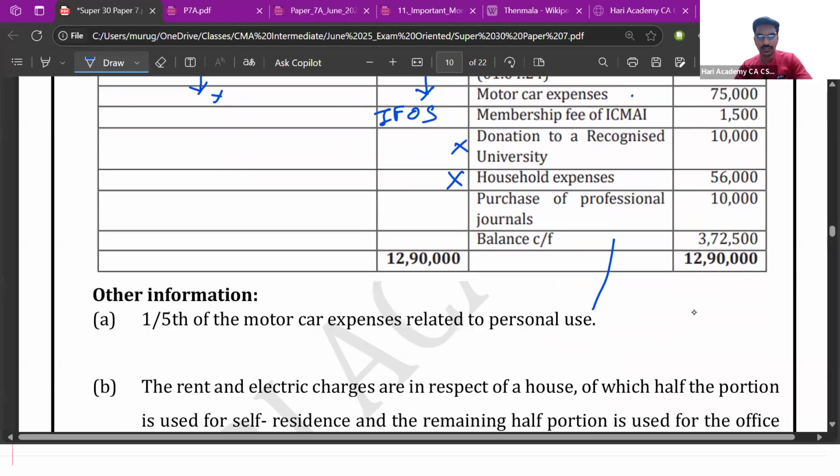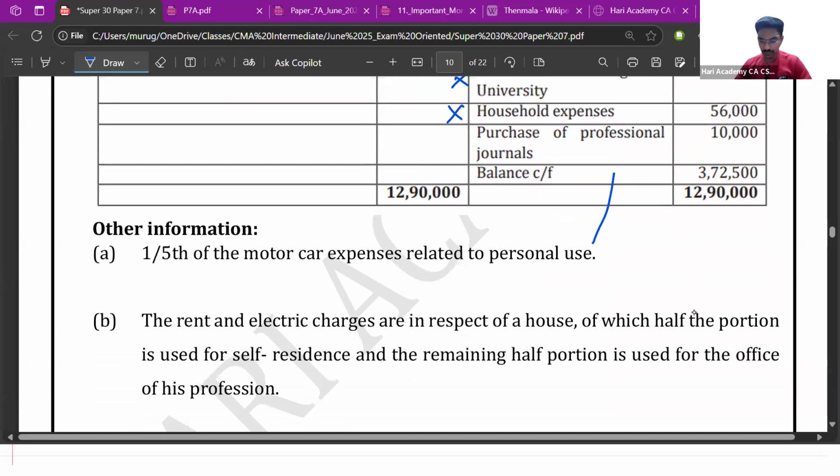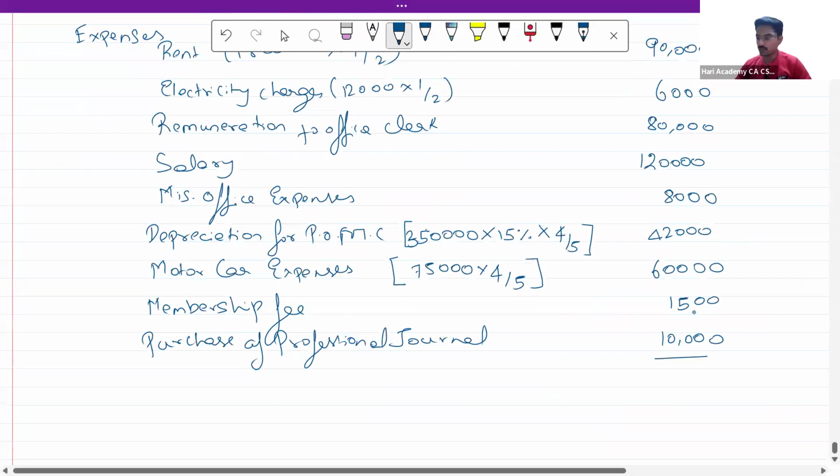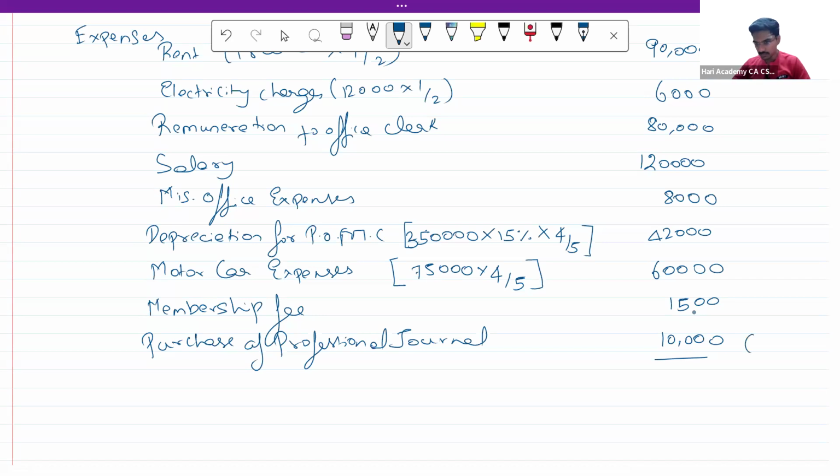Right. So this one we have taken care of. This one also we have taken care of. Right. So let us do the total. So it is 90,000 plus 6,000 plus 80,000 plus 1,20,000 plus 8,000 plus 42,000 plus 60,000 plus 1,500 plus 10,000. So the total expenses comes to 4,17,500.